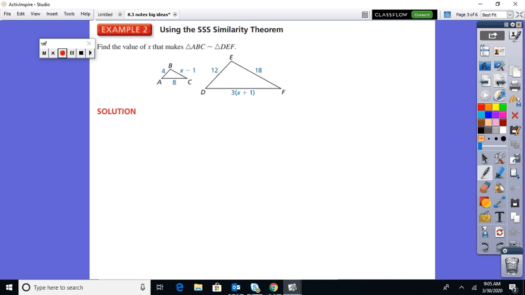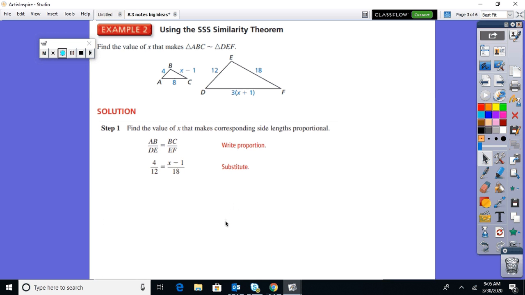The second example, we will be able to find the value of x to make triangles similar. In this case, we just want to set a proportion up to solve. So 4 is to 12 as x minus 1 is to 18. So there's your proportion.